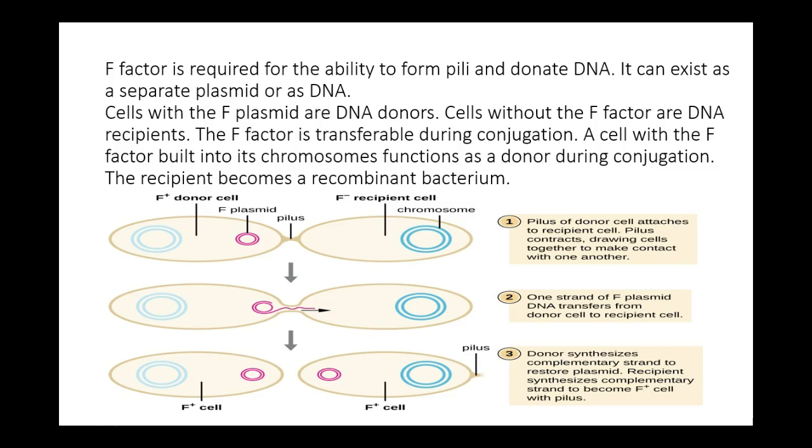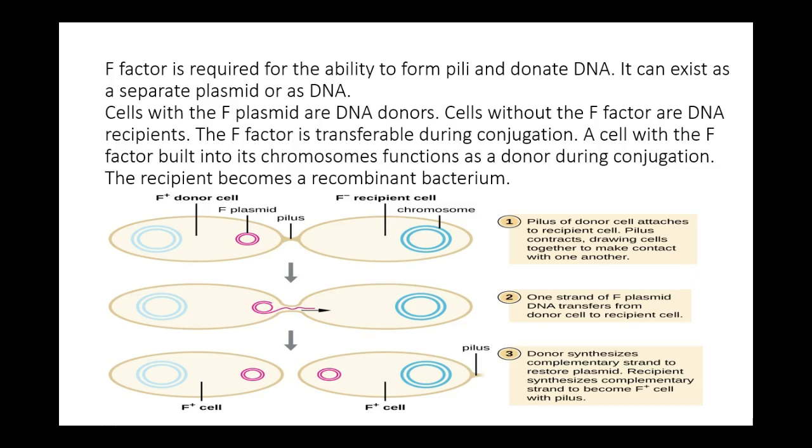So you actually have two different ways that this can happen. It can happen if a plasmid causes it to happen, or if there's a portion of the DNA itself in the bacterium that has the ability to make the sex pilus and then have the fertility for DNA to pass from the donor cell to the recipient cell.